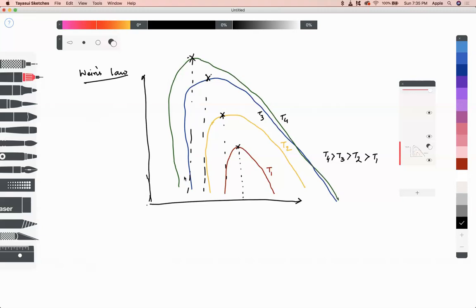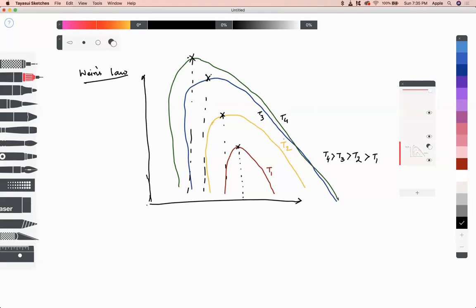So as you can see, as we increase the temperature of the body, the wavelength at which the maximum radiation comes is shifting towards a shorter wavelength. That is why a large amount of ultraviolet radiation comes from the sun, because the sun's temperature is very high.